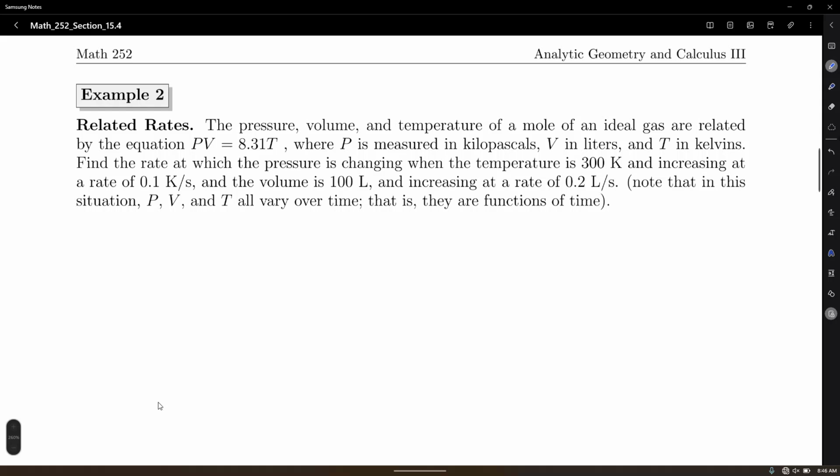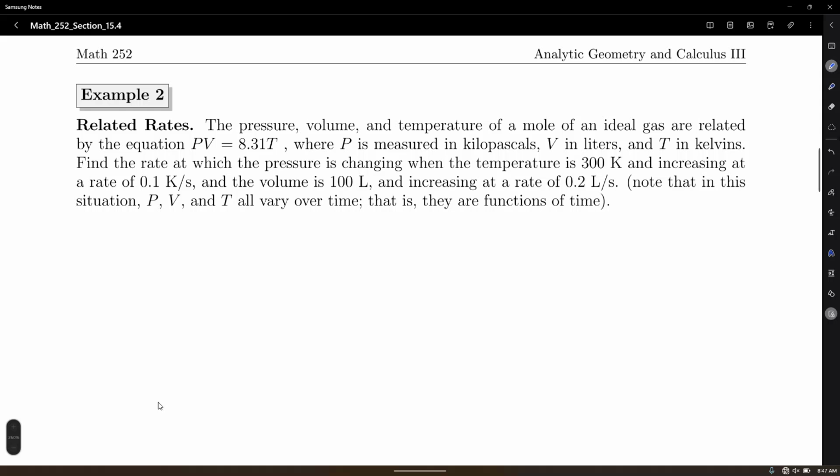The pressure, volume, and temperature of a mole of an ideal gas are related by the equation PV equals 8.31 T, where P is measured in kilopascals, volume in liters, and T in Kelvin. Find the rate at which the pressure is changing when we're experiencing two changes.